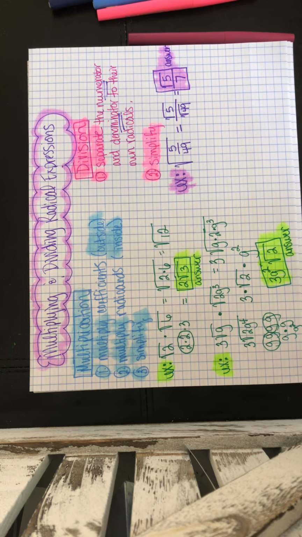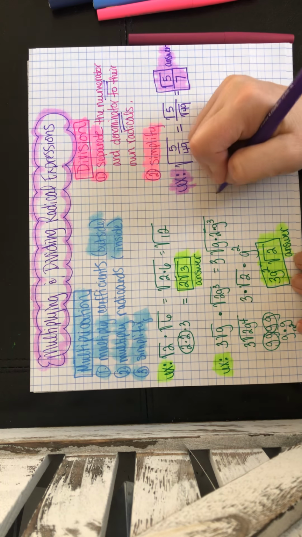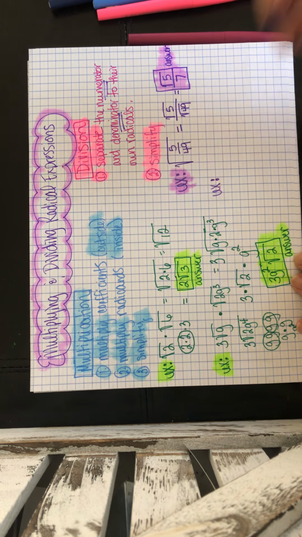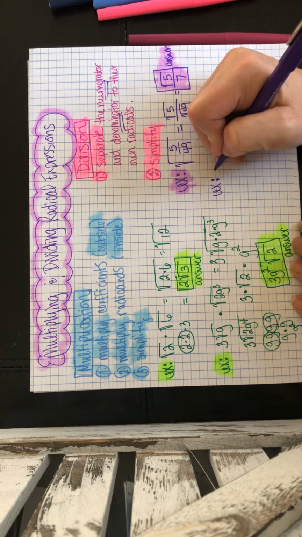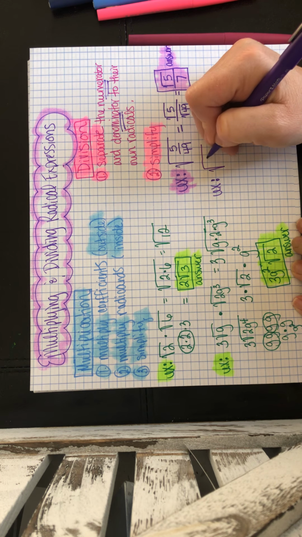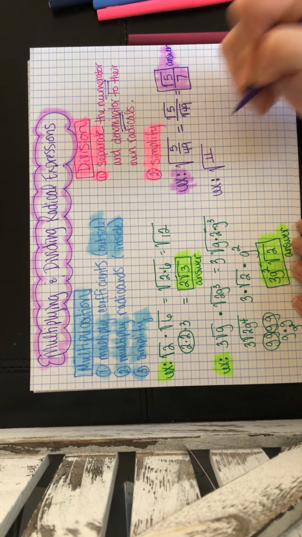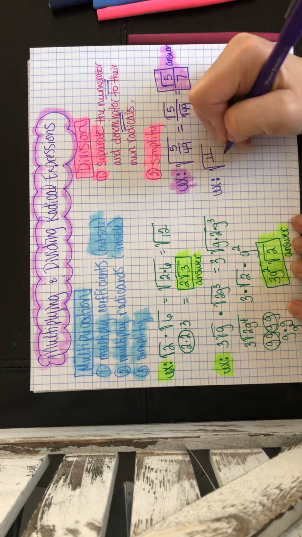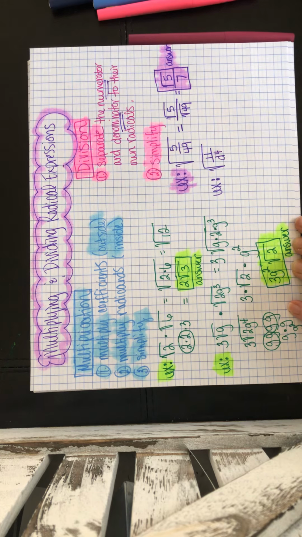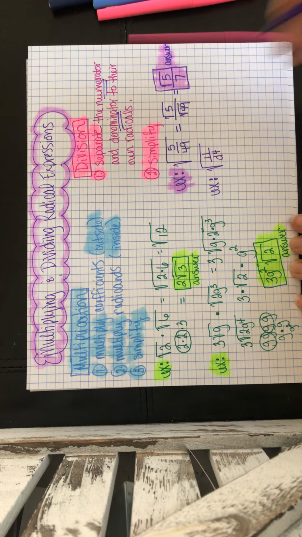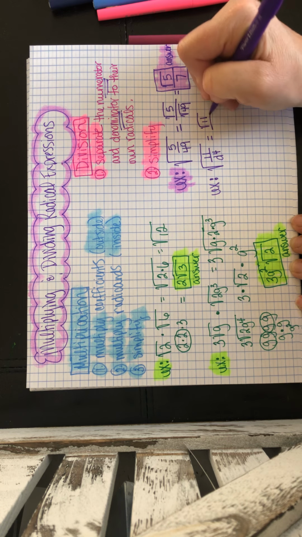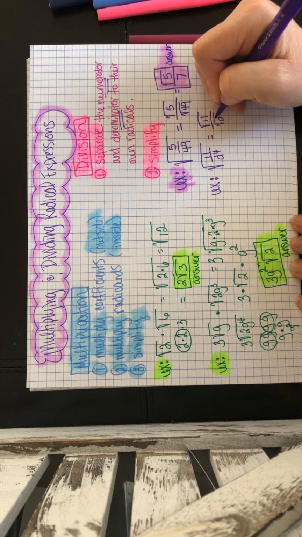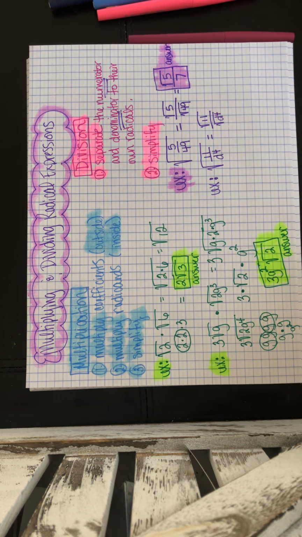All right, and then we'll take a look at one more example, and this time we'll use some variables. So we'll do the square root of 11 over d to the 4th. So when we do this, we're going to break it up into the square root of 11 over the square root of d to the 4th.